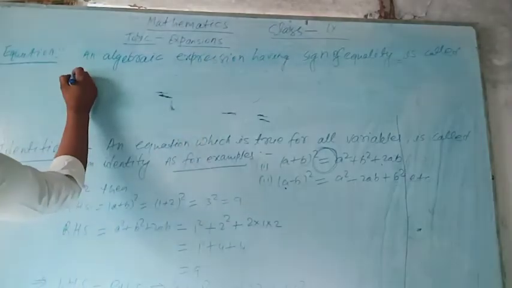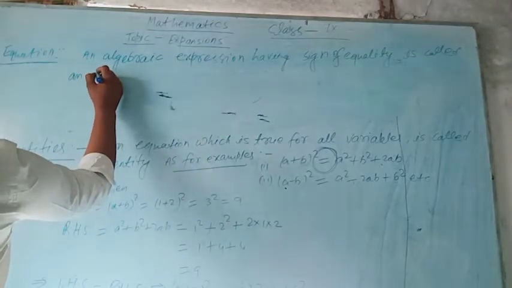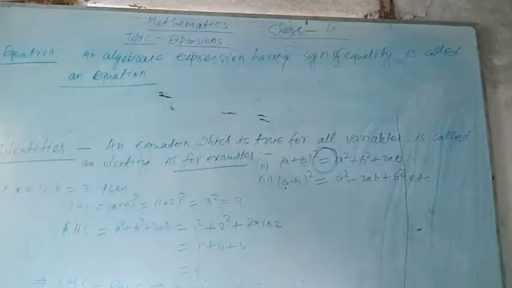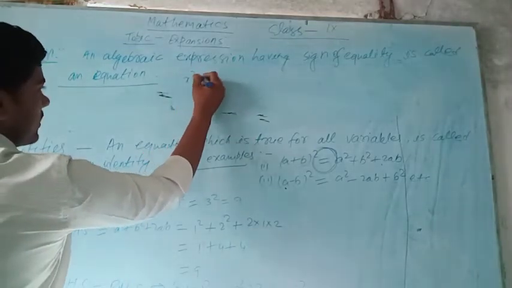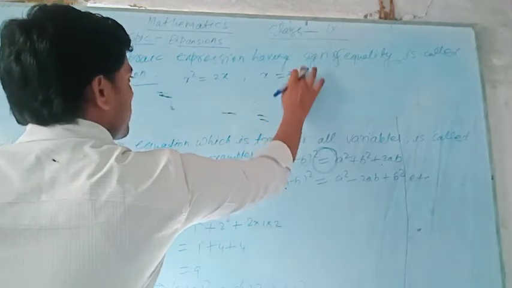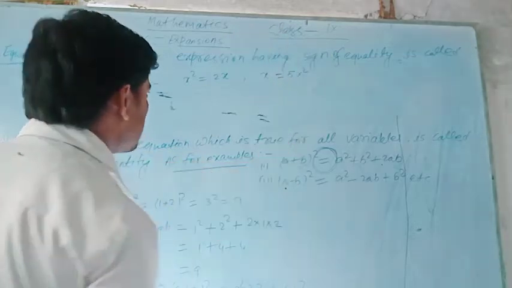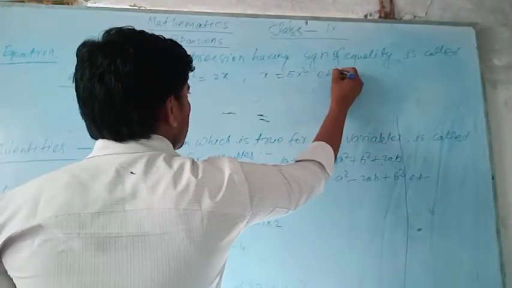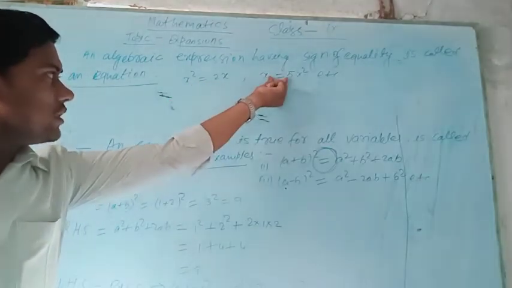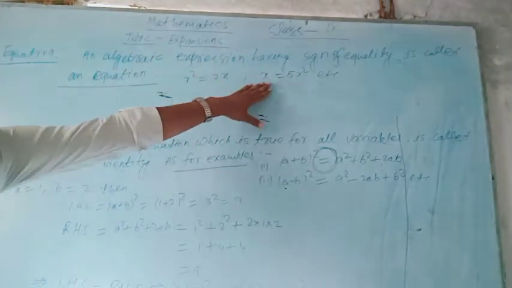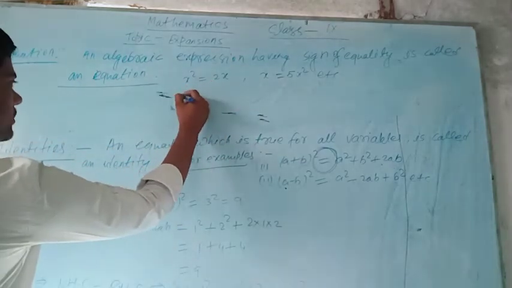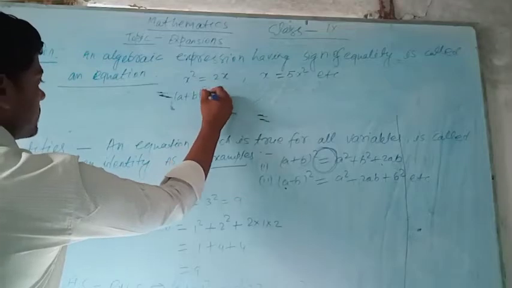As for example, x square is equal to 2x, x is equal to 5x square, etc. Here there is the sign of equality, so these both are equations. (a plus b) whole square is equal to a square plus 2ab plus b square. There also the sign of equality is present, so it is also an equation.